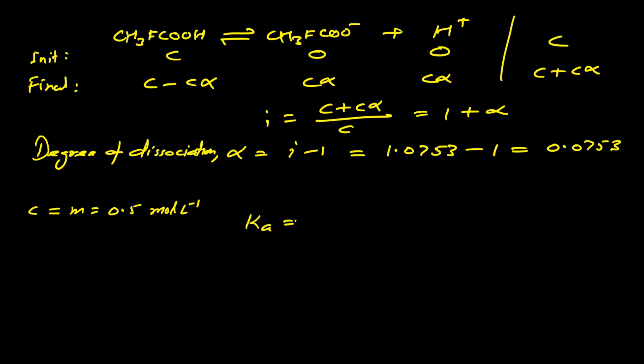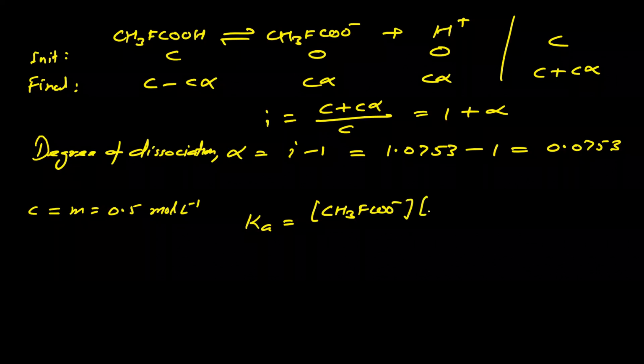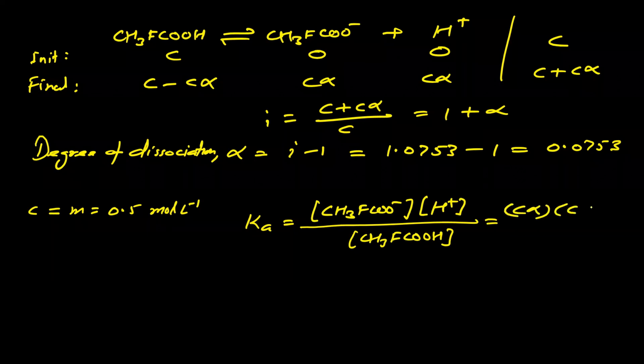So Ka will be concentration of CH2FCOO minus multiplied with concentration of H plus ion, products concentration raised to their stoichiometric coefficient divided by reactants concentration raised to their stoichiometric coefficient, means C alpha multiplied with C alpha divided by C minus C alpha. So it means it will be C square alpha square divided by C into 1 minus alpha. C and C got cancelled. So it will be C alpha square divided by 1 minus alpha.